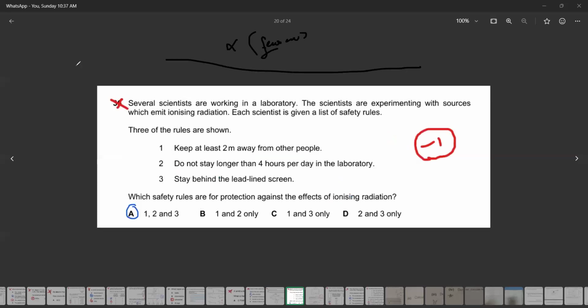Ionizing radiation means alpha, beta and gamma all together. So standing 2 meters away from other people, who are not the ones emitting the rays, is not the protection. Each scientist is given a list of safety precautions, and one says do not stay longer.